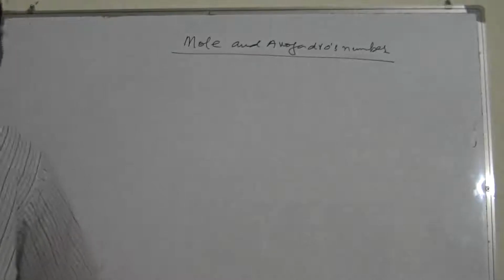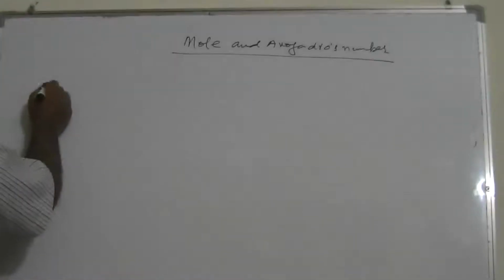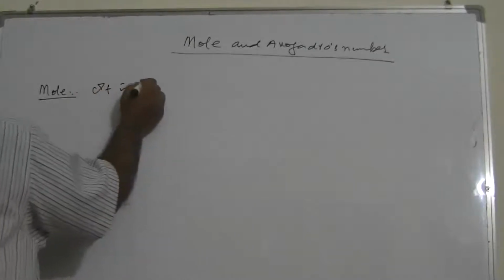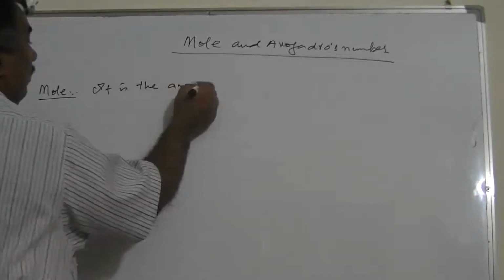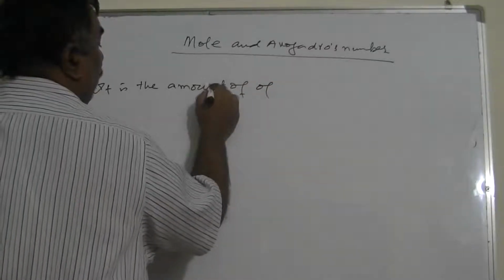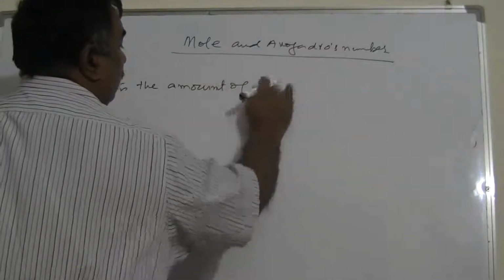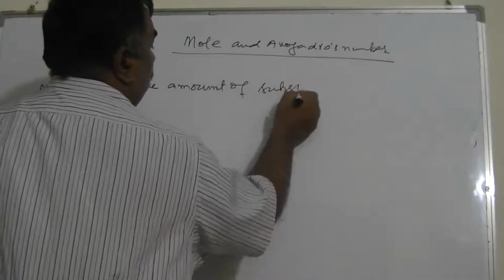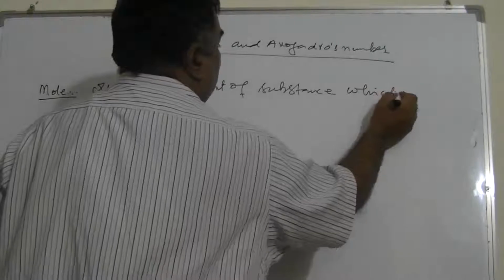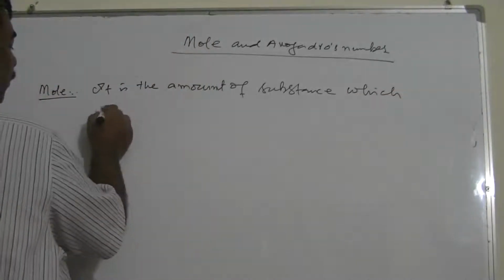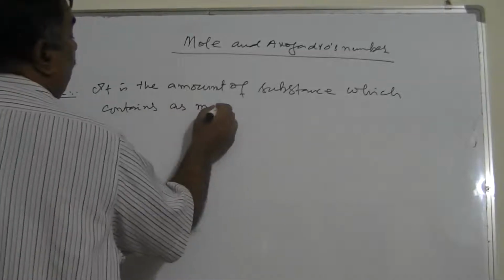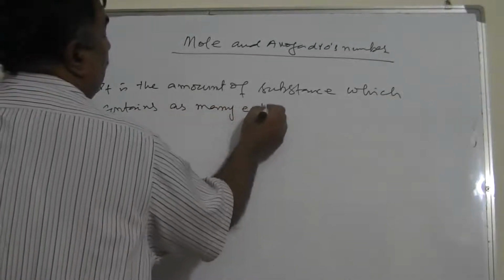Similarly, we first see how we define the mole. Mole is defined as the amount of substance which contains as many entities.